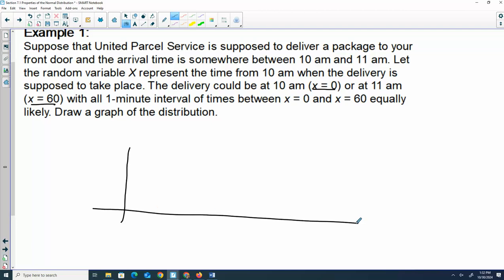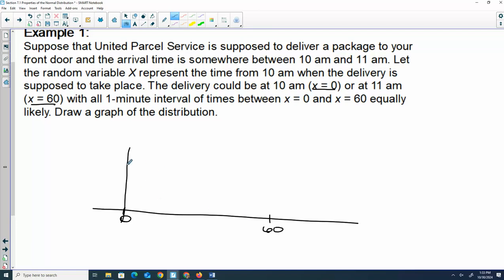So we are drawing the most basic of graphs here. What is my smallest possible x? 0. What is my biggest possible x? Yeah, so we're doing between 10 and 11 a.m., but it said to do 1-minute intervals. So we can go up to 60 minutes. The probability.